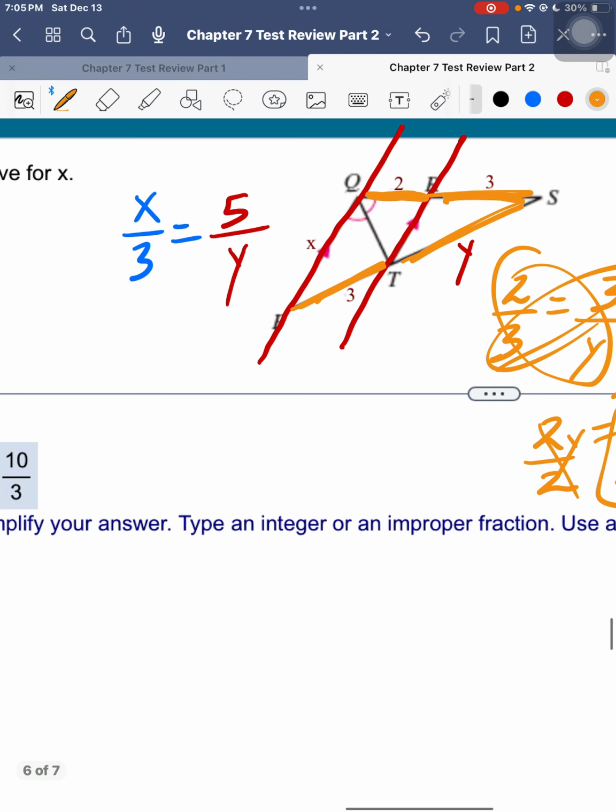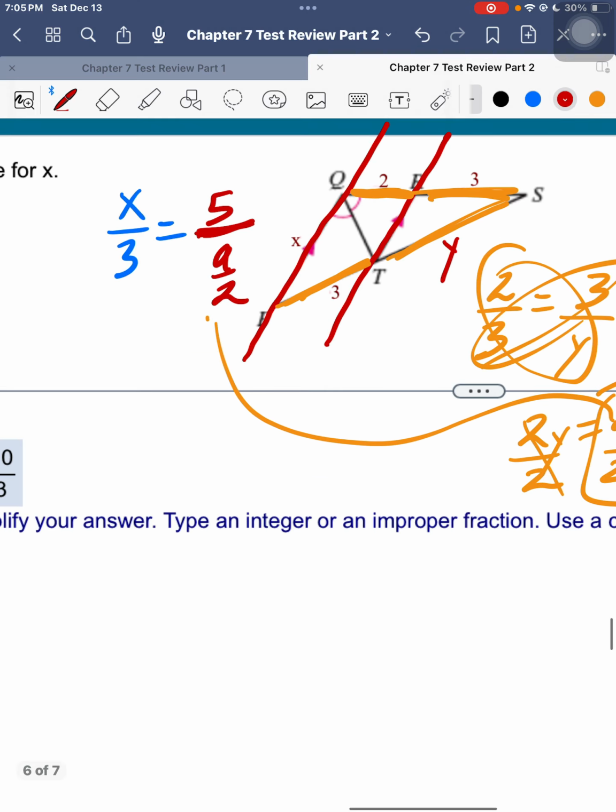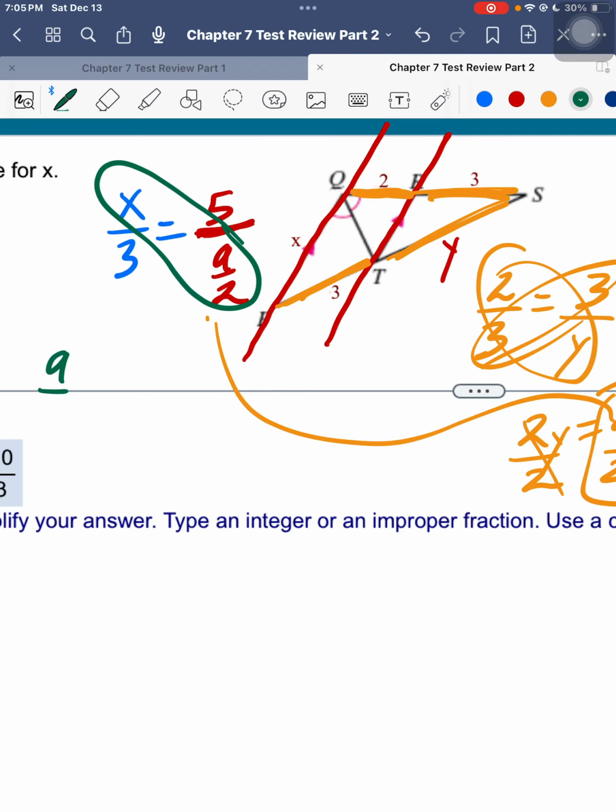So now I can go ahead and turn this y right there. So now I have 5 over 9 over 2. So now we can cross multiply and figure out my x value. So now let's do a different color. What is x times 9 over 2? 9 over 2x. What is 3 times 5? 15.